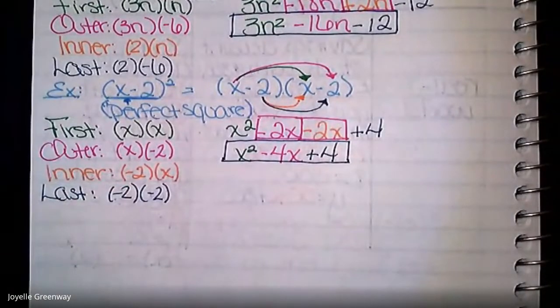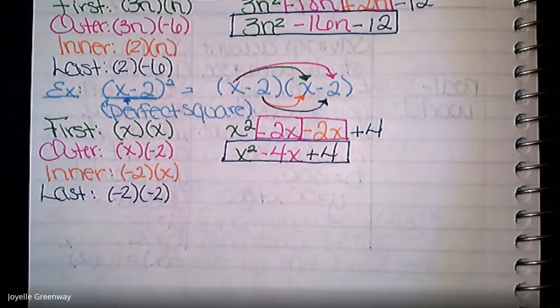So that is how you multiply binomials. The next example that I'm going to do is an example where you're not going to end up with a trinomial.